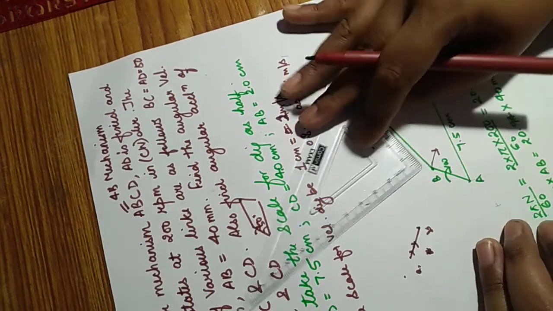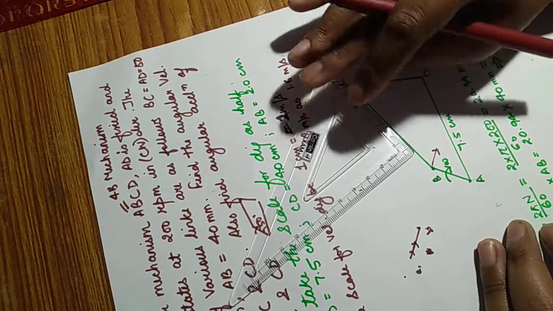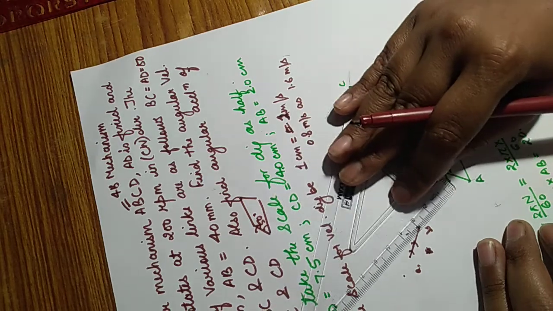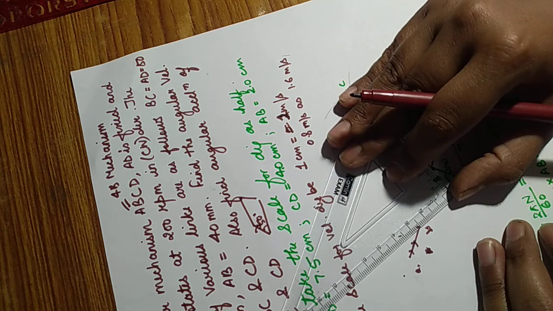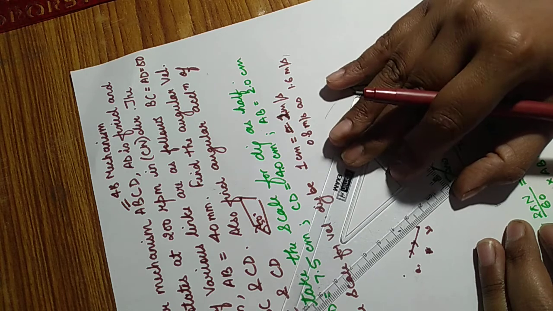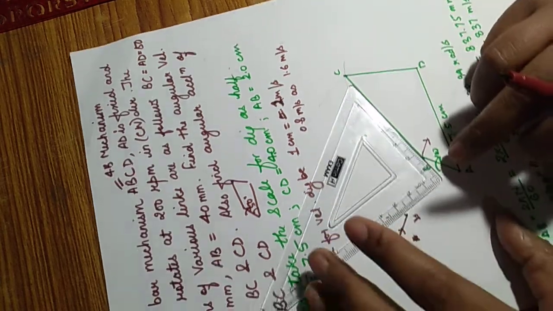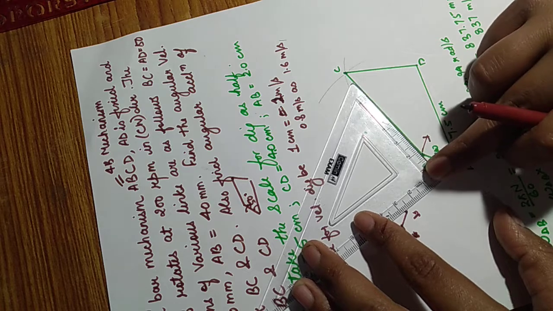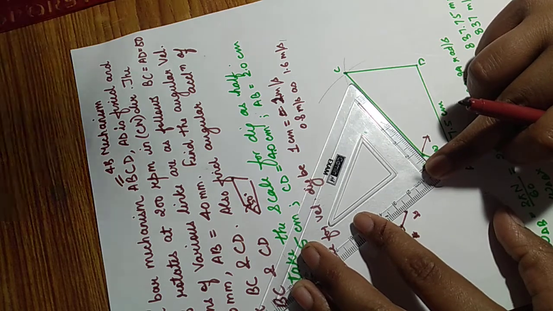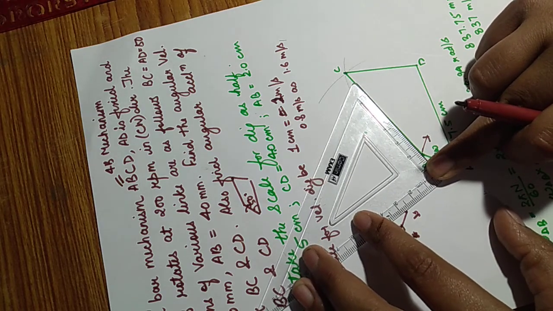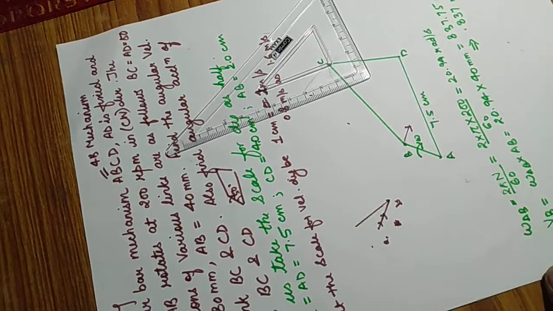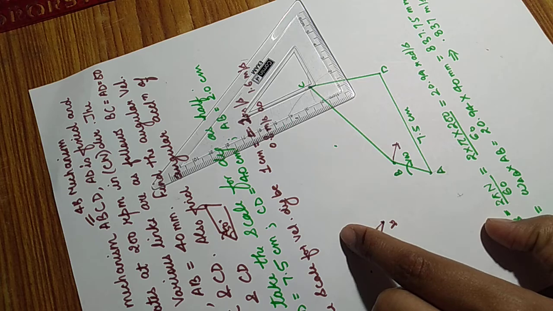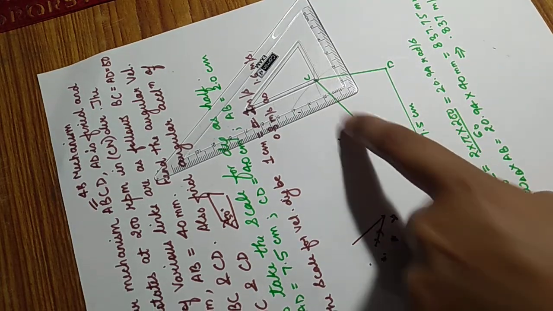Now from this point B, we are going to draw a perpendicular. See, we have to bring the entire set square. And we have drawn this line, and this line is perpendicular to link BC.